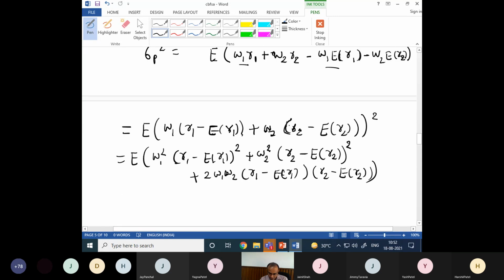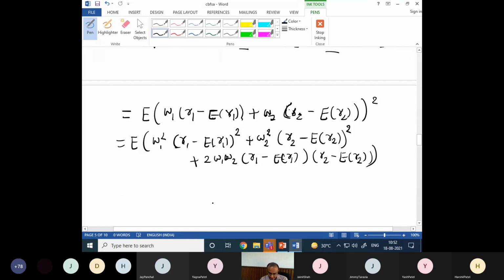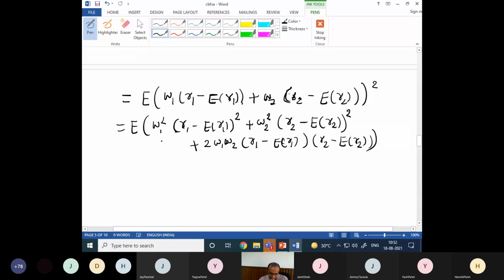Now the expectation is a linear operator. So there are three terms related by plus sign. So I can take them separately. So that is the expectation property.